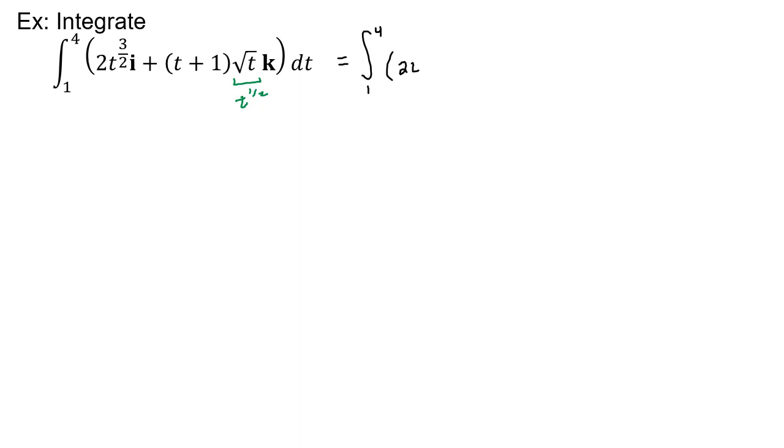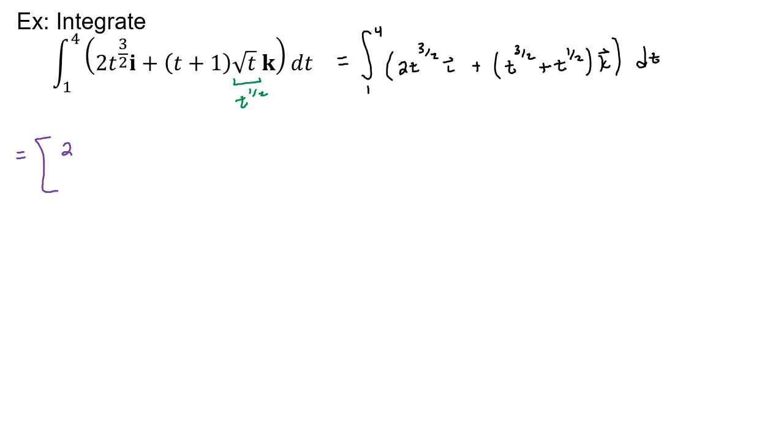So this is 2t to the 3/2 i. And a t and a t to the 1/2 will give me t to the 3/2 plus t to the 1/2. Okay. And then we jump in and just start integrating.